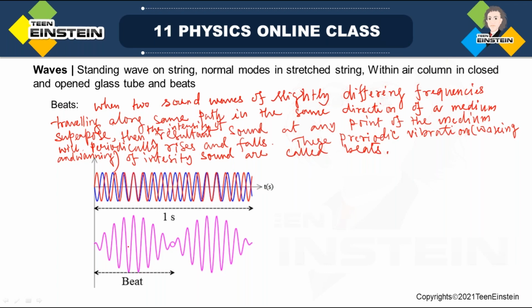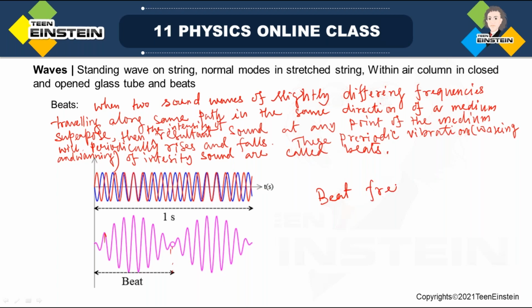One rise and one fall. See, this is a beat. One rise from here up to here, one fall. So this constitutes a beat, and this beat is actually vibrating with a frequency. That is called the beat frequency.